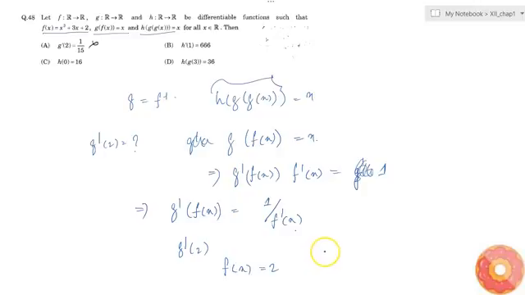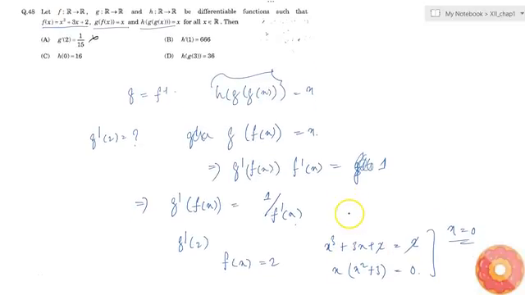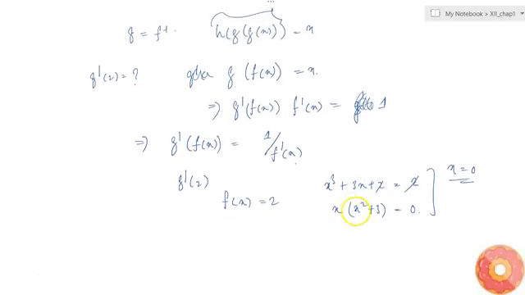If we equate f of x to 2, then we get x cube plus 3x plus 2 equal to 2. So that implies x into x square plus 3 is equal to 0. From this x can be only 0, since x square plus 3 gives no real solution, and we know functions map from real numbers to real numbers.